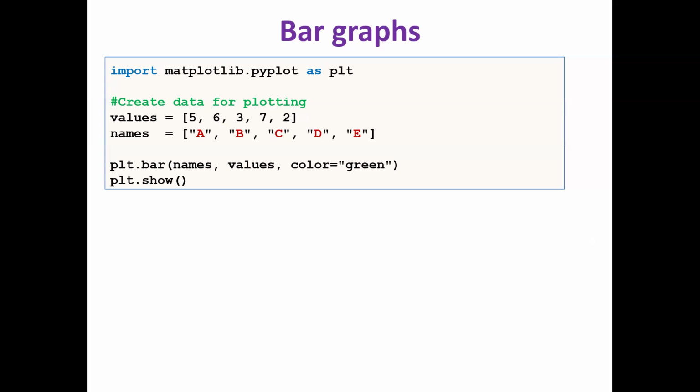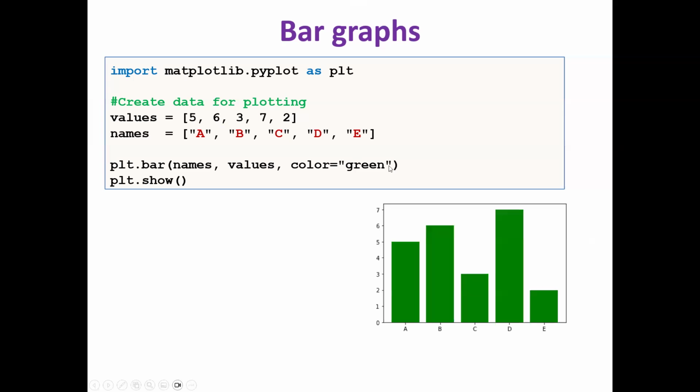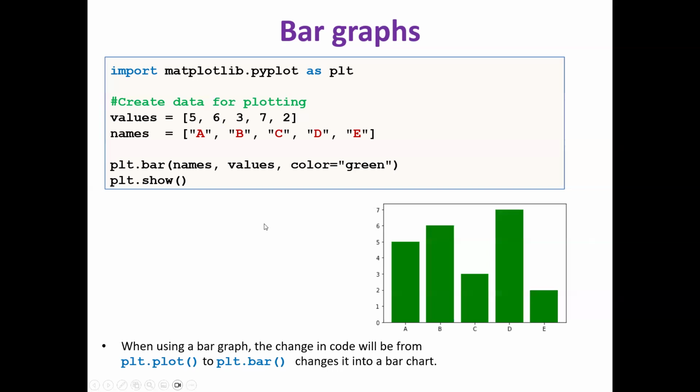So let's see if the output is here. Yeah, okay, so that's the output. We can see that our values are 5. The names are horizontal, and the values are vertical. Okay, so let's keep going if no question.